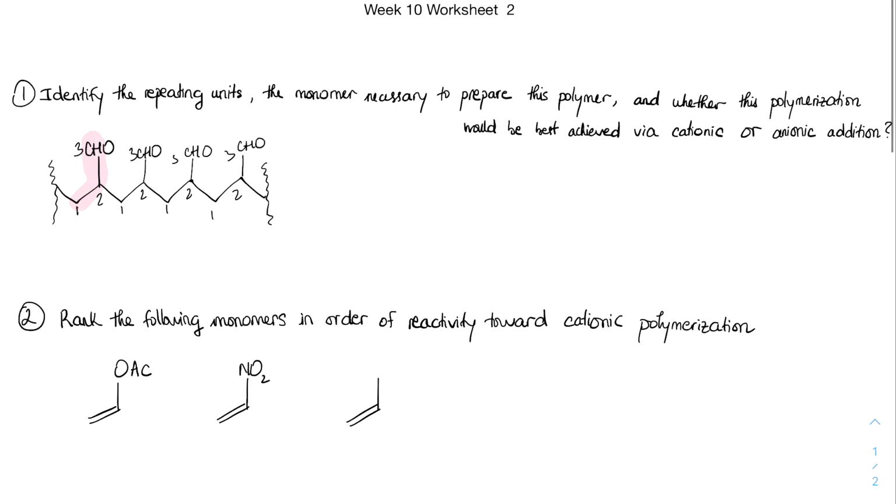And then for anionic, it would be best with electron withdrawing groups. So we see an aldehyde, right? That's the R group that's on this chain. And aldehyde, although it's not strong, it is a moderate electron withdrawing group. And for electron withdrawing groups, that's best with anionic addition.